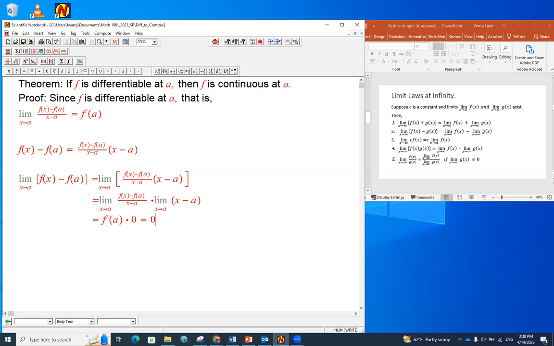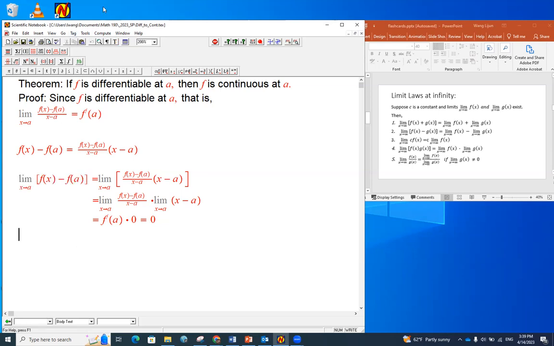All right. So now the interesting part comes. Can we separate these two limits? We cannot yet, because we know that f of A certainly is okay, but we don't know if f of x has a limit when x is approaching A. So we cannot separate these limits.